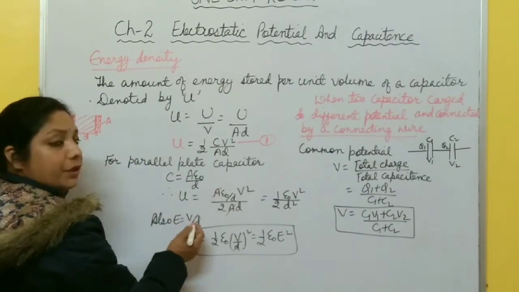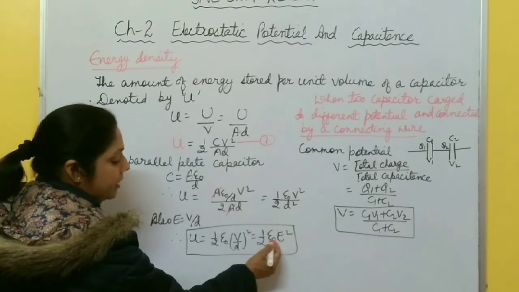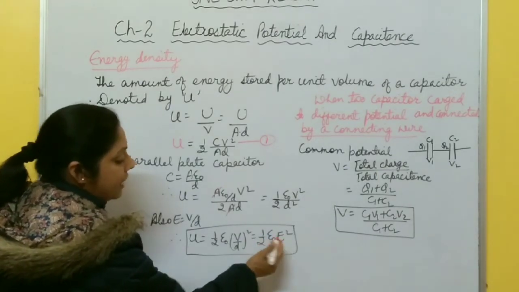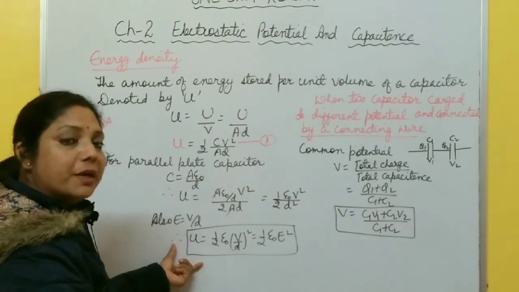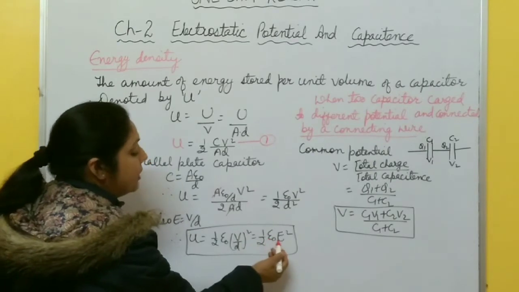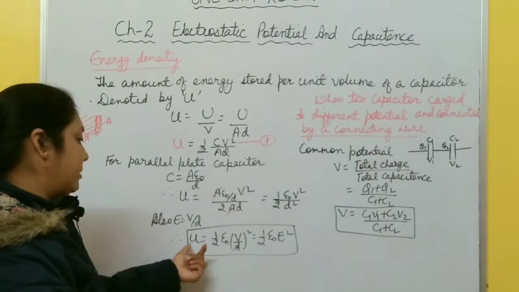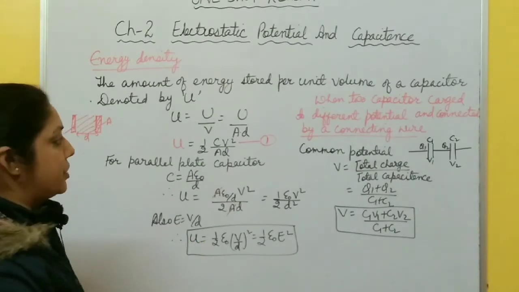And also, you know, E equal to V by D. So this V by D whole square, in place of this V by D, write E. So this is another form, half epsilon naught E square. This is energy density, energy stored per unit volume. Half epsilon naught V by D whole square or half epsilon naught E square. You must remember this one. I think in numerical also this formula is used, right?